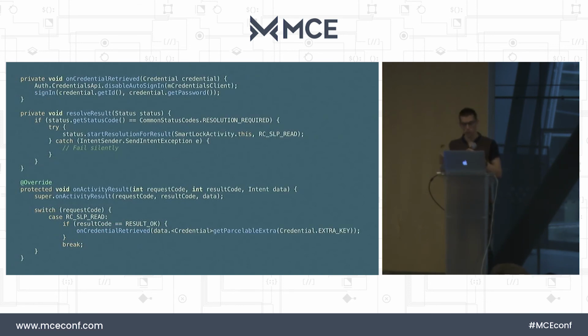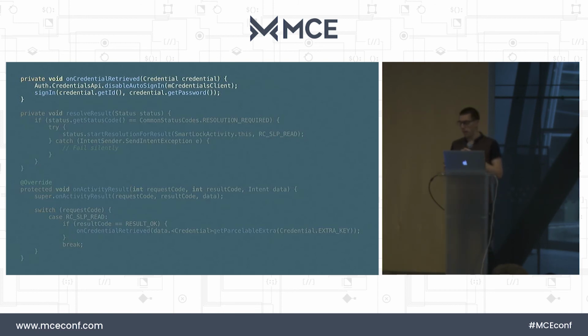So let's consider the case when we have the credentials directly. What we have to do is just sign in. Here we get the ID, which is the email in our case, and we get the password, and we can sign in directly, completely transparently. So the user has nothing to do, they will be auto-connected. You can see that there is another line here called disableAutoSignIn. As I said, the idea is to auto-login.